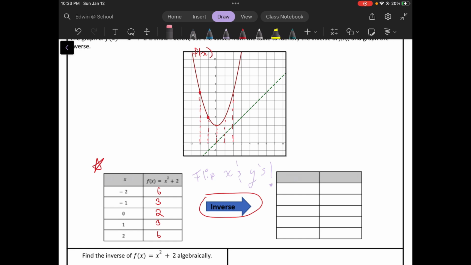Oops, it looks ugly in that color. Let me change it. And then my second column is going to be my x's. But even though I labeled it like that, we're still going to consider this the domain and this the range, the same way that it was the domain over here and the range over here.